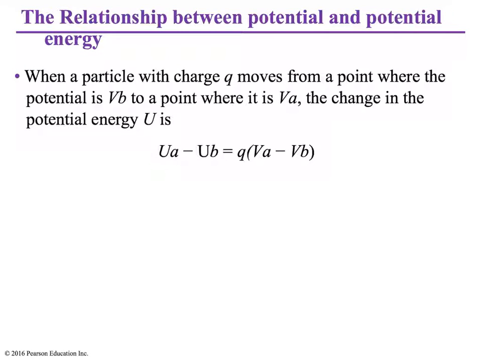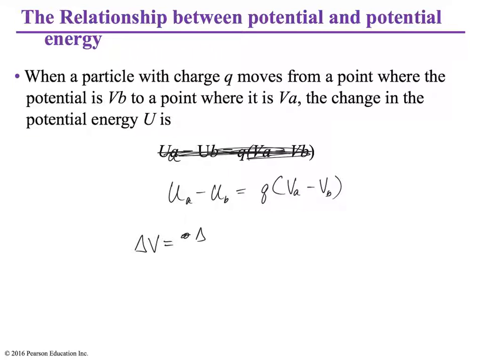And here is the relationship again. Unfortunately, when I use this program, it doesn't do subscripts. So what we want to say is UA minus UB is equal to Q times VA minus VB. This just comes from the definition of the fact that the change in potential is equal to the change in potential energy over charge.